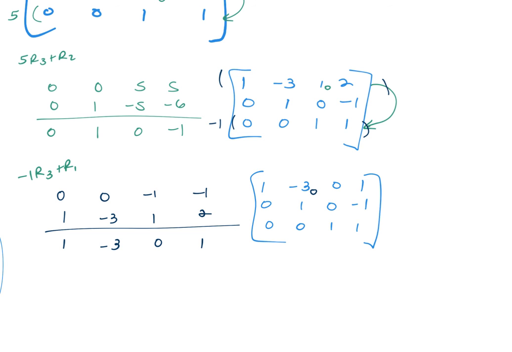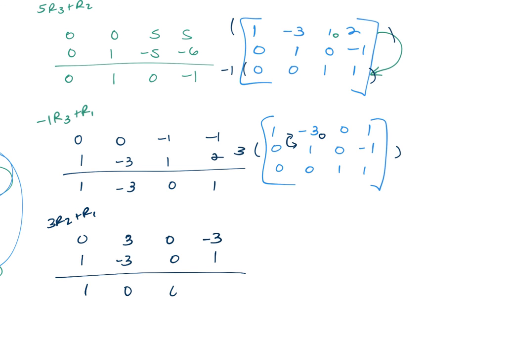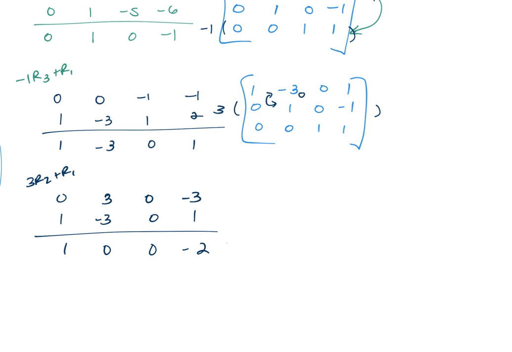Now I want a 0 where the negative 3 is, and I have to use row 2, right? Good. 3 row 2 plus row 1. And that takes the place of row 1.